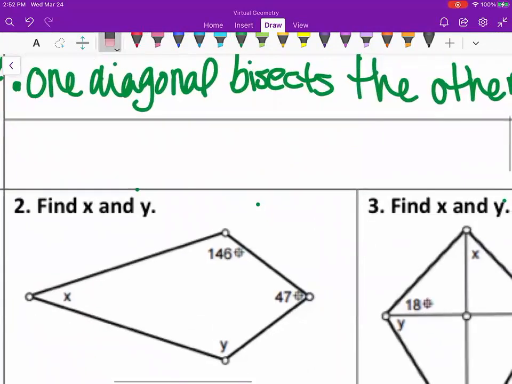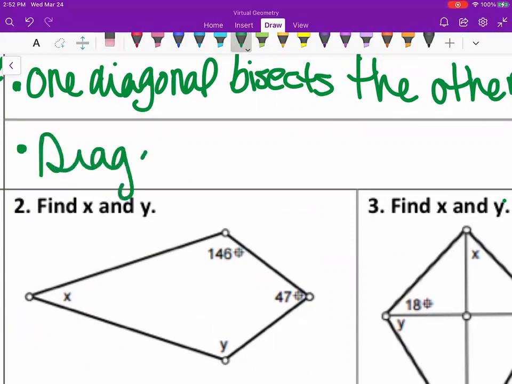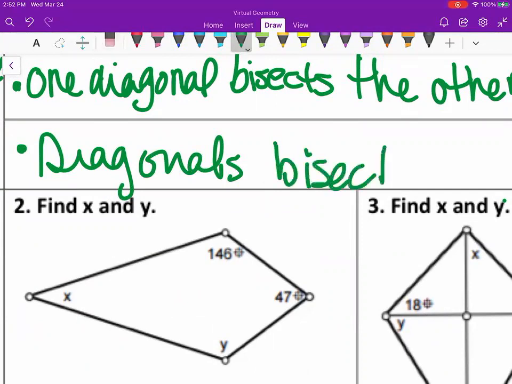Let's see what else goes on with these diagonals. Now, this next piece is similar to what we learned in the rhombus, because the diagonals bisect the vertex angles.